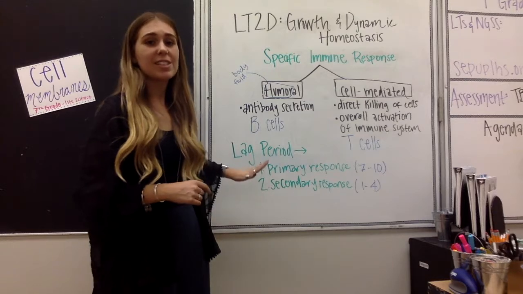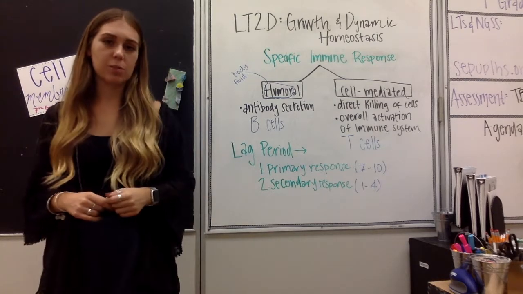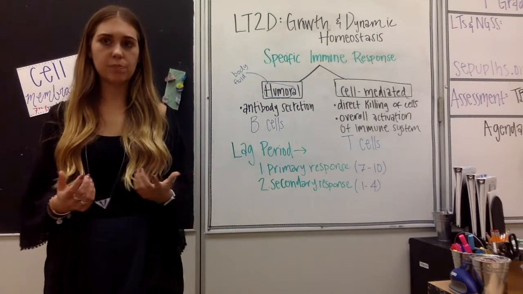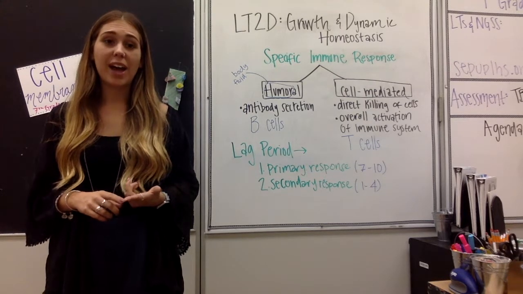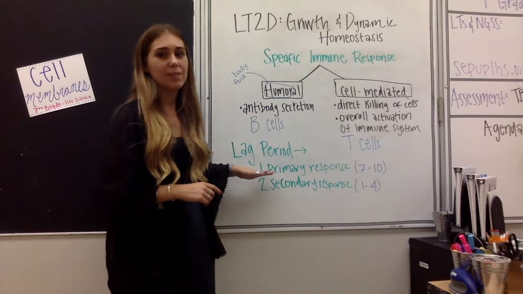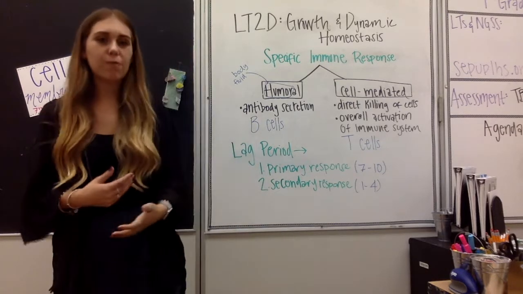We need 7 to 10 days that first time we're exposed to some antigen. That's a really long time. So after those 7 to 10 days, we fight that infection.